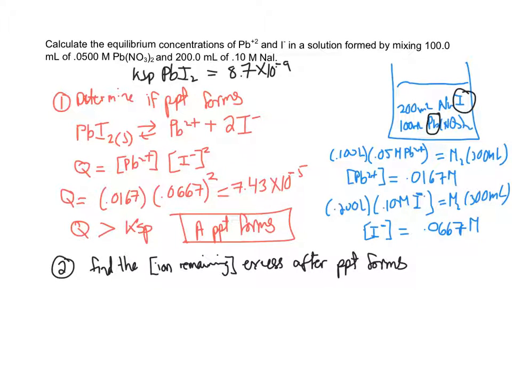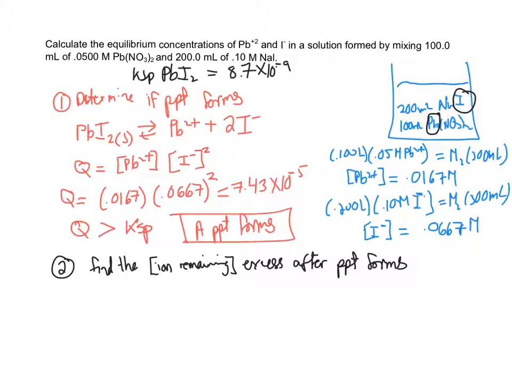Meaning that one of these is a limiting reactant for me, so I need to figure out how much of these react together to form the precipitate and how much is left over in order to dissociate or participate in my equilibrium.